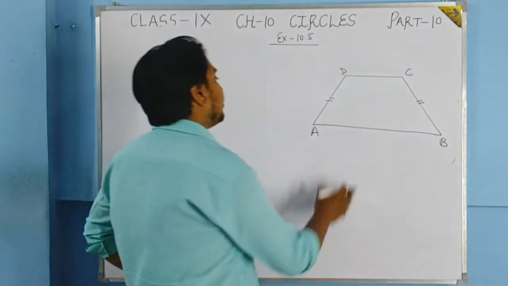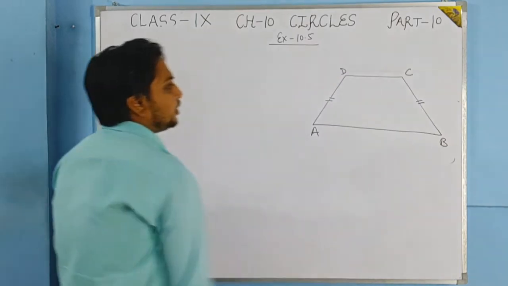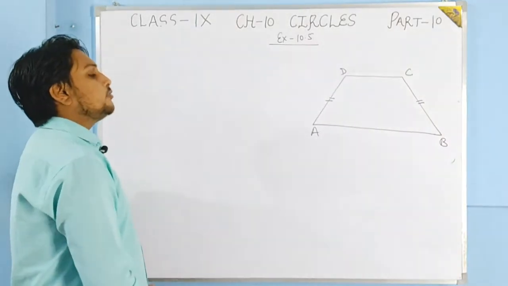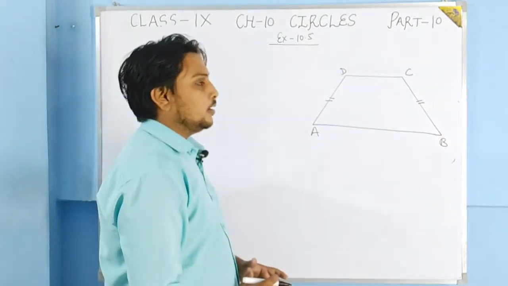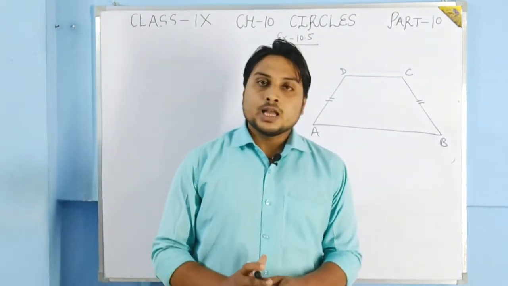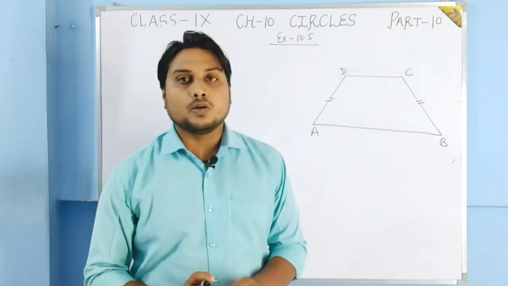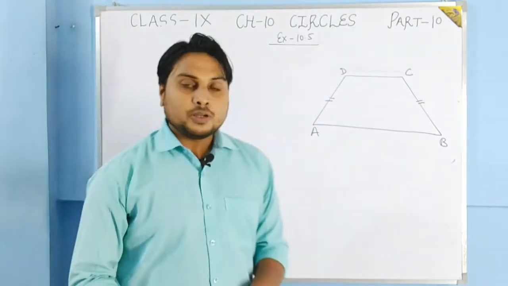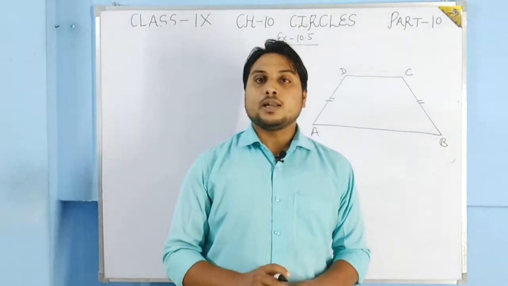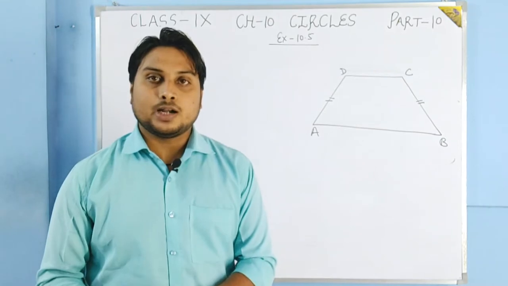So we have to show that if the non-parallel sides of the trapezium are equal, then this trapezium is cyclic. What is the meaning of cyclic? Cyclic means a quadrilateral whose all vertices lie on a circle. And we know the property of a cyclic quadrilateral, that the sum of its opposite angles is 180 degrees.